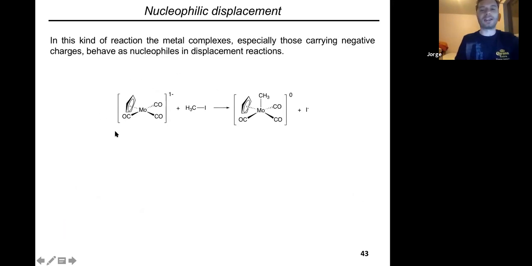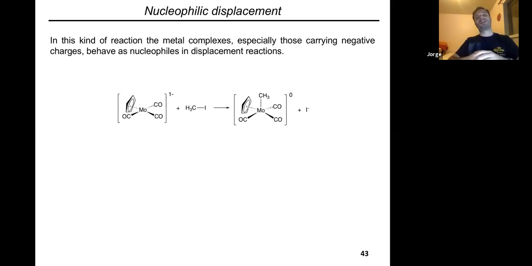So let's take this reaction as our example. We have here a square planar complex that has molybdenum as the metal, 3 carbonyl ligands, and a cyclopentadienyl ligand as well. Net charge of the complex is 1 minus, coordination number equal to 4.